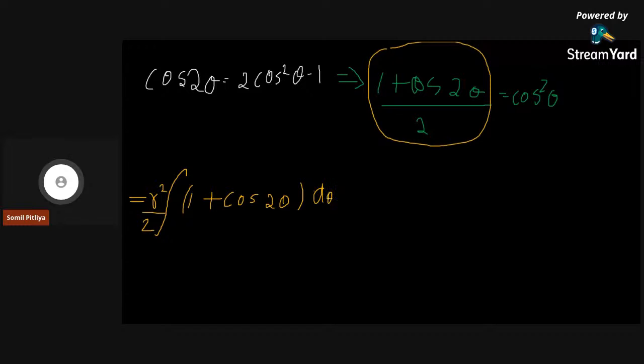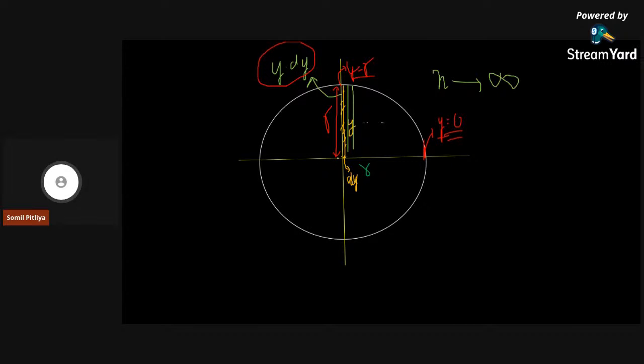Now I have to put the limits of theta. Theta is the angle, and the angle is ranging from here. Theta is 0 here, and theta moves from 0: 1 degree, 2 degree, 3 degree, 4 degree, 5 degree, up to 45 degree, then I get 90 degree.